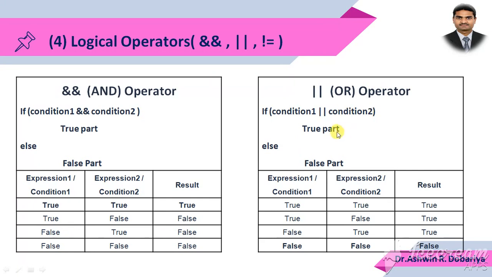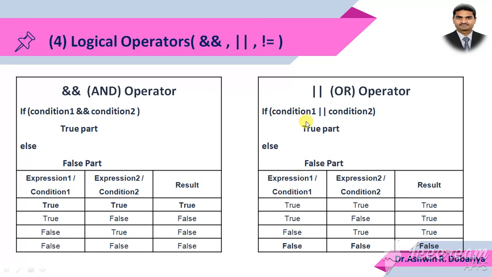But in case of OR, suppose I ask you a question: do you have a smartphone, or do you have a tablet, or do you have a laptop? It means I am giving options. If you have any one, the condition becomes true. Similarly here, condition 1 or condition 2, if one of the conditions becomes true, then the overall condition becomes true, otherwise false.